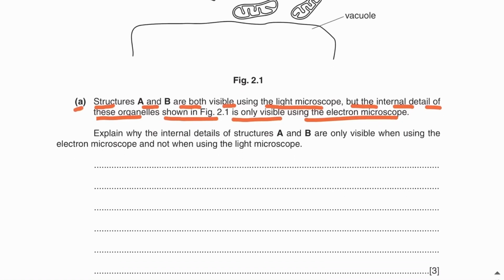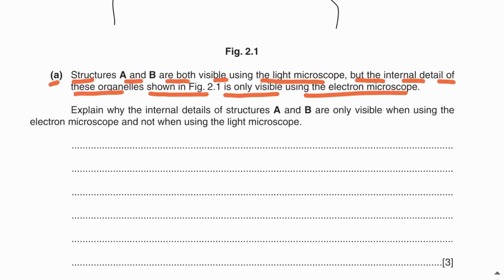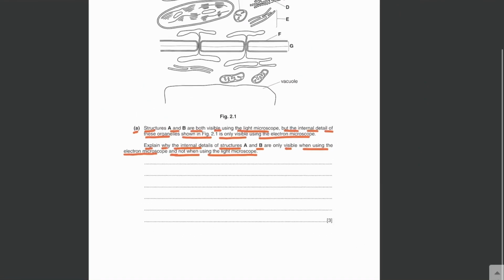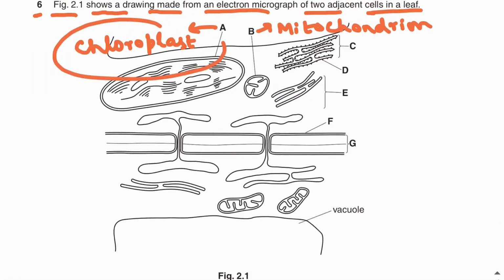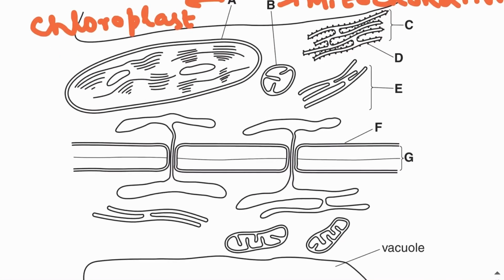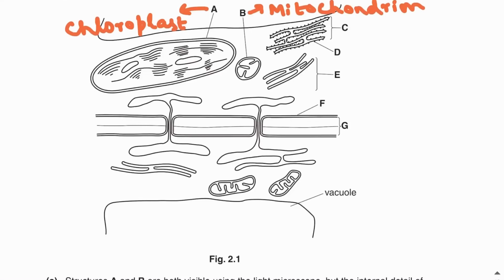Okay, so the question is, explain why the internal details of structures A and B are only visible when using the electron microscope and not visible using the light microscope. As we just discussed, chloroplast and mitochondria are also visible under the light microscope, but we see a lot of detail of these organelles only using the electron microscope.